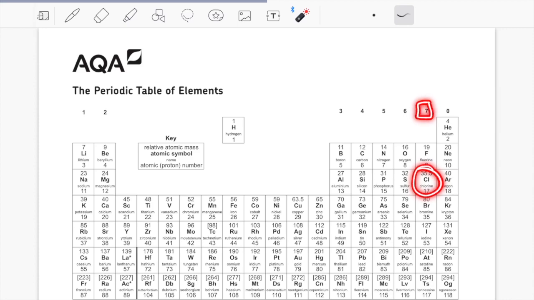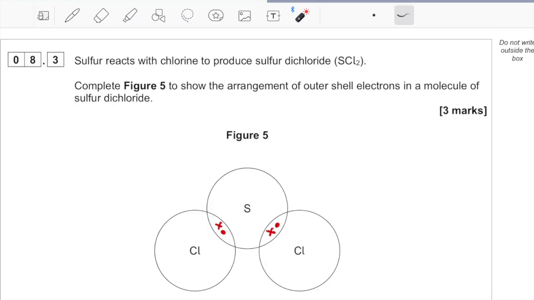So that means it has 7 electrons on its outer shell. So I must have 7 crosses if I've decided crosses are the electrons of chlorine. I've drawn 1, so I have to draw 6 more, and they must be with chlorine. So I can do that for both of them.